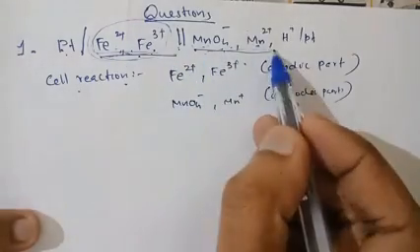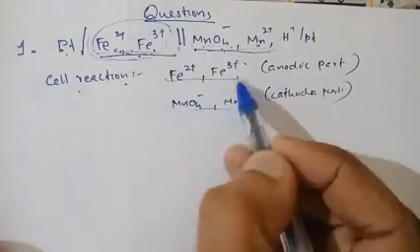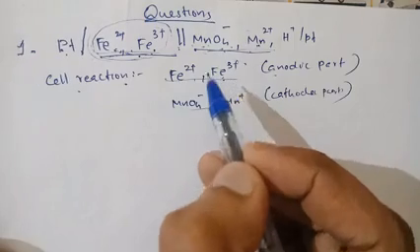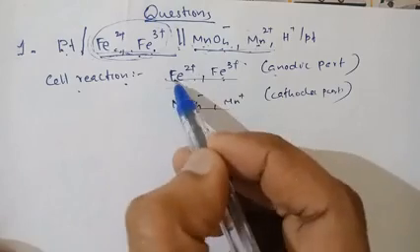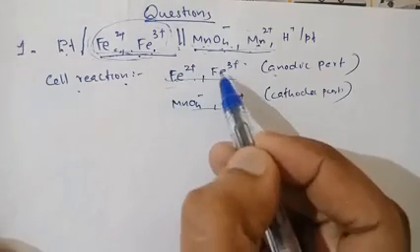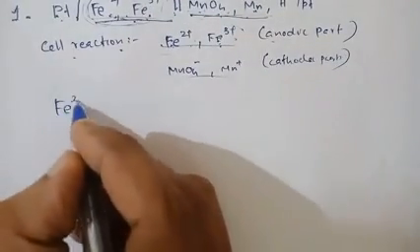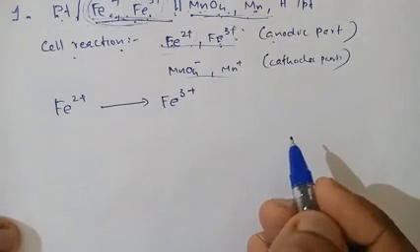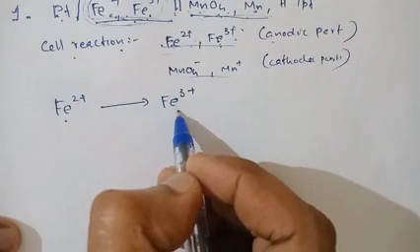In the anode oxidation takes place. Oxidation means Fe2+ should be converted into Fe3+. Otherwise, if you write Fe3+ gives Fe2+, it will be reduction. So write Fe2+ gives Fe3+. Now only it is the oxidation reaction.